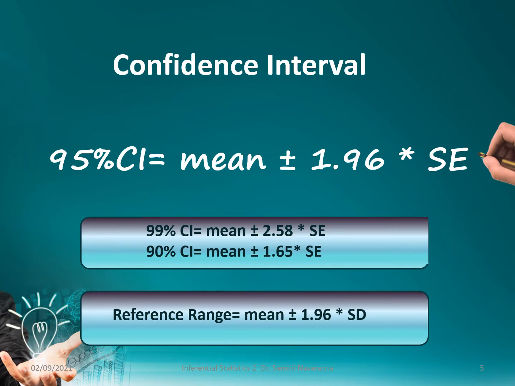Then the reference range for any given biological parameter equals mean plus or minus 1.96 into standard deviation.